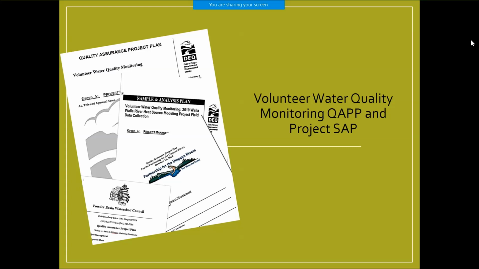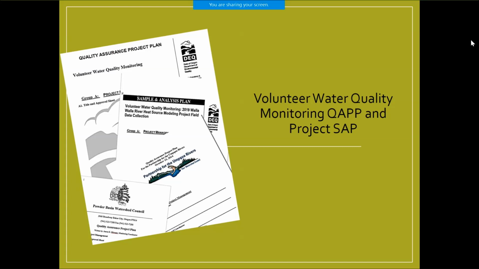And so you can maybe see that if your sample analysis plan gets too far out from underneath the umbrella of what the QA plan covers, so if you're doing different types of parameters, for example, than what's covered in the QA plan, then you may need to either supplement the SAP with additional information, or in some cases it might be more efficient to just start with the QA plan from scratch.